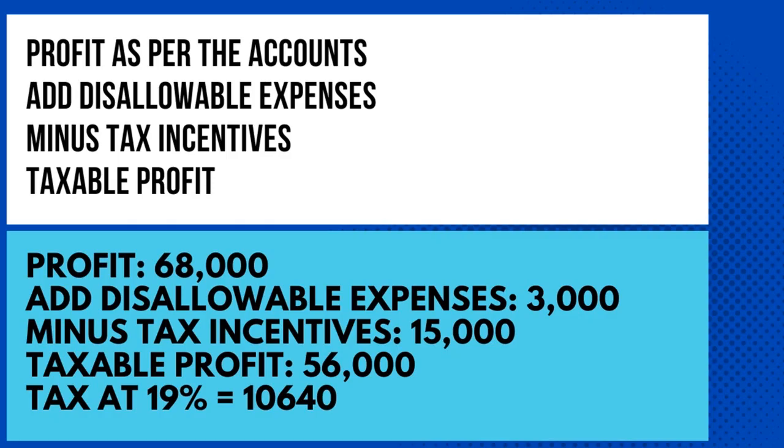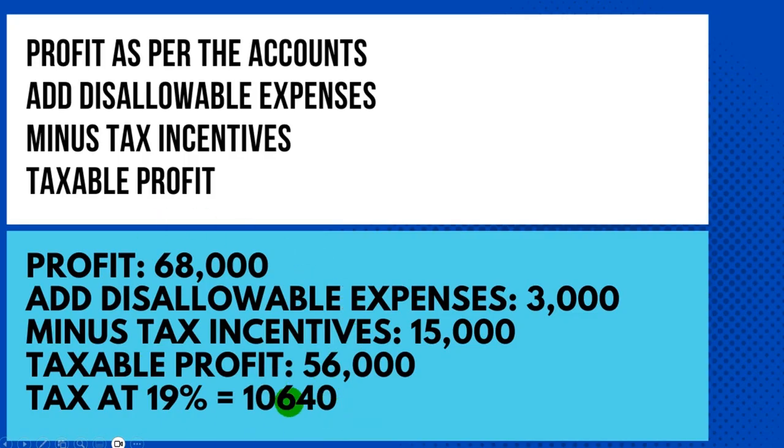But then we minus any tax incentives. This could be asset purchases, say of 15,000, and that brings our taxable profit down to 56,000. It's this 56,000 that the tax is calculated on, not the profit as per the accounts. So let's say the tax rate is 19%. 19% of 56,000 is 10,640.